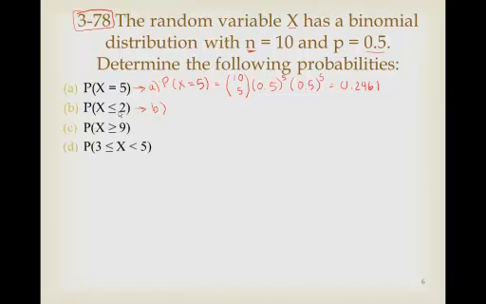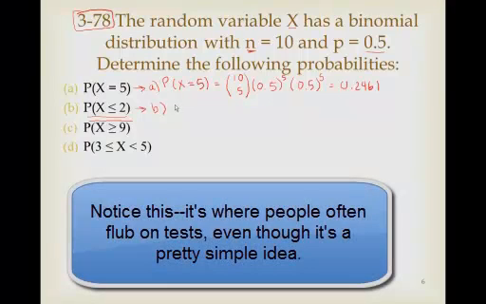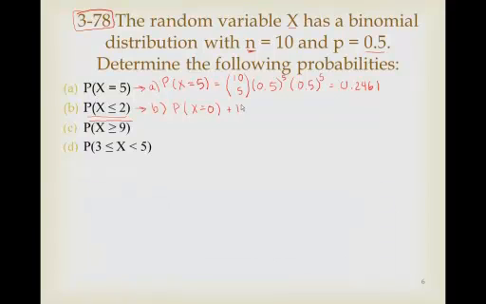Now, the probability that x is less than or equal to 2. Now look, this is where it gets sneaky. This is actually the same as the probability that x is equal to 0, plus the probability that x is equal to 1, plus the probability that x is equal to 2.